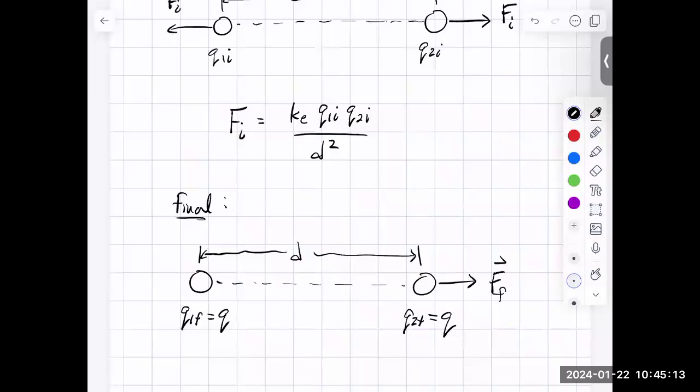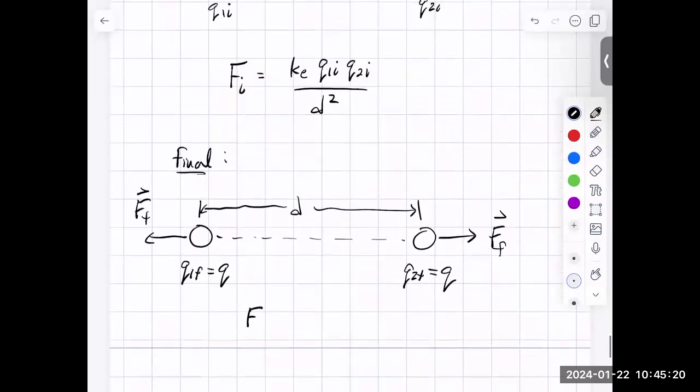Let's call this F final. F final is going to be Coulomb's constant times the charge of sphere 1 times the charge of sphere 2, but those are both equal to Q. So that's just Q squared divided by D squared. Let's call this equation 1 and this equation 2.